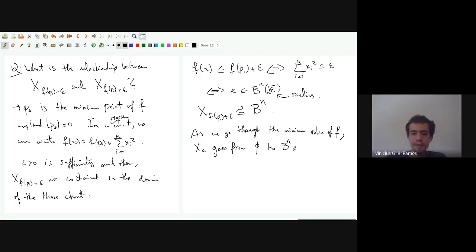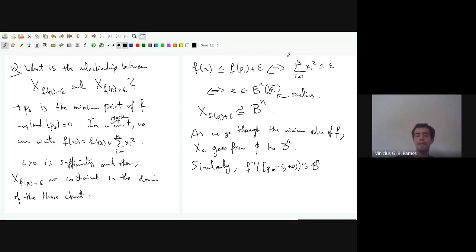And similarly, it's easy to see that the pre-image of pm minus epsilon to infinity is also diffeomorphic to an n-dimensional ball. Like applying the opposite, if you change the signs on everything. So the maximum is going to have index n, and this is going to be a sum, but with a minus sign in front. And we also get a ball.